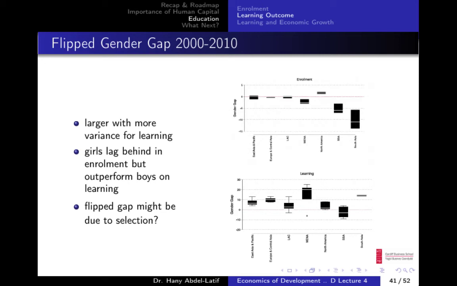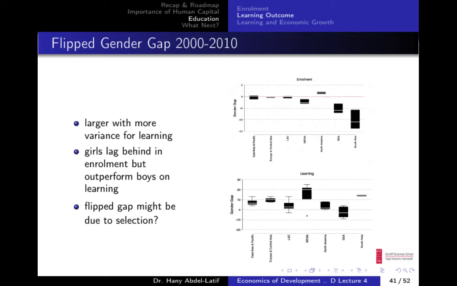You'll see this one is below 0, this one is below 0, this is the same, and most of Latin America, East Asia and Pacific, again, all have a negative gender gap. But when you compare this to learning, girls actually outperform boys.